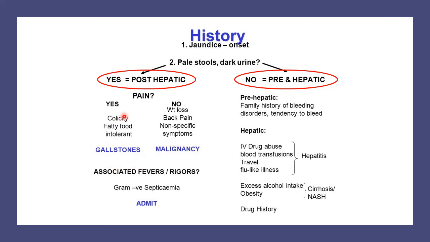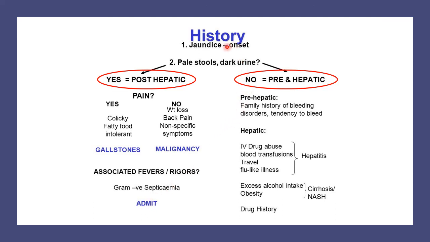In obstructive jaundice, if there is associated fever with chills and rigors, then think of secondary bacterial infection and gram-negative septicemia. These patients need to be admitted for immediate antibiotics as well as decompression of the bile ducts as soon as possible.